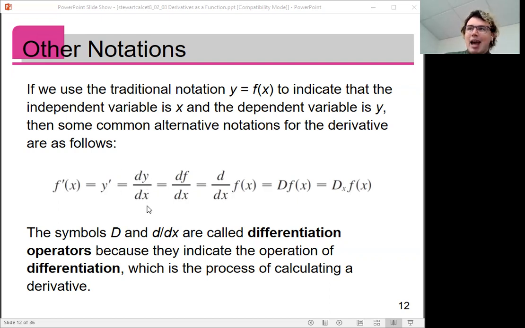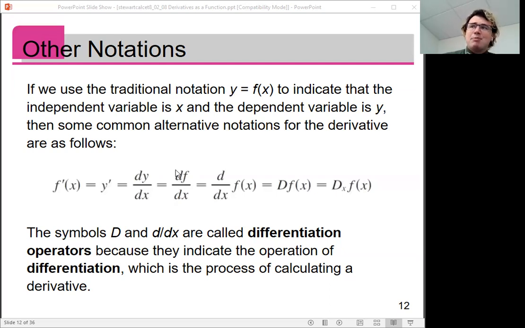So if I ever see this symbol, it's not actually a fraction, again, because differentials are not real numbers. This is standing for the derivative of y with respect to x. You can also do this for df on dx.